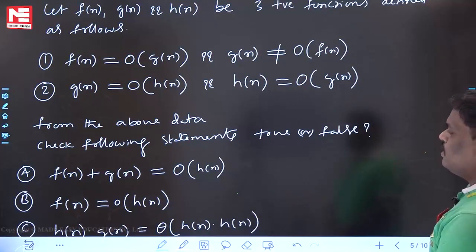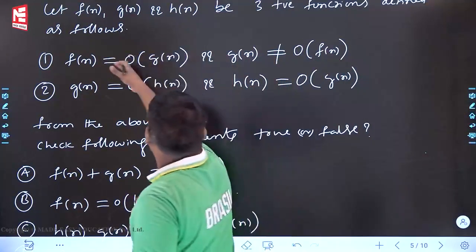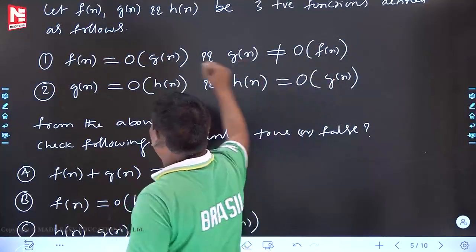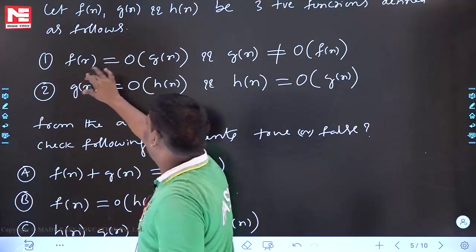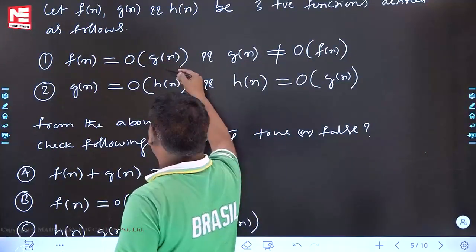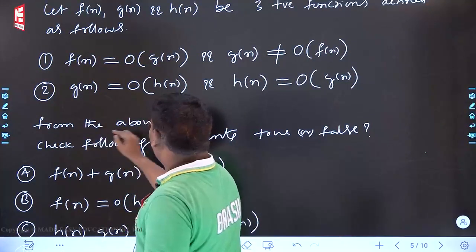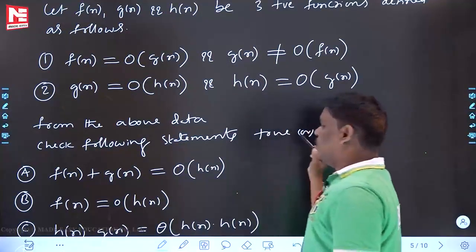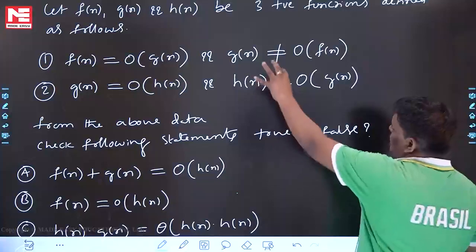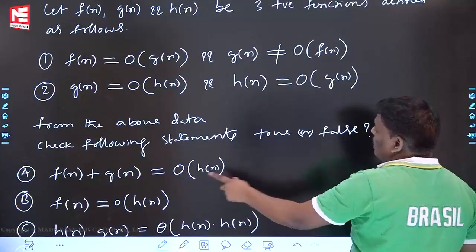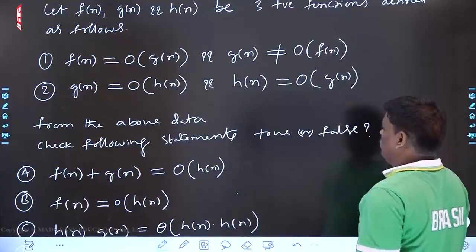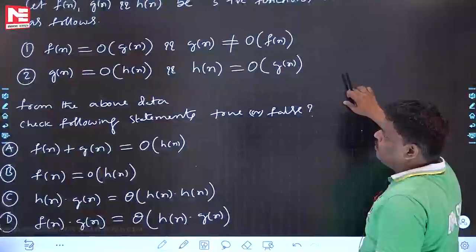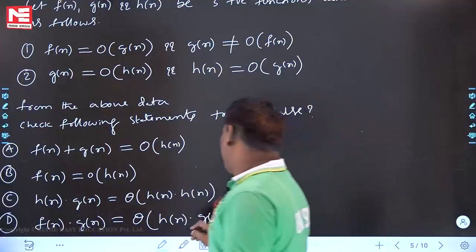Three functions are defined like this, given in statement 1 and statement 2. After this, see what they are asking. From the above data, check whether the following statements are true or false. Some data is given, and based on that, verify whether the given statements are right or wrong. We will see now.